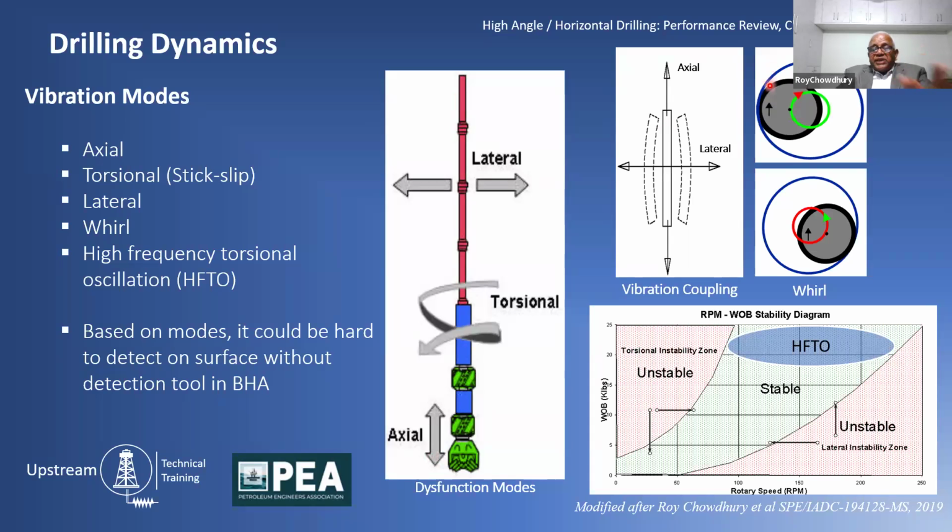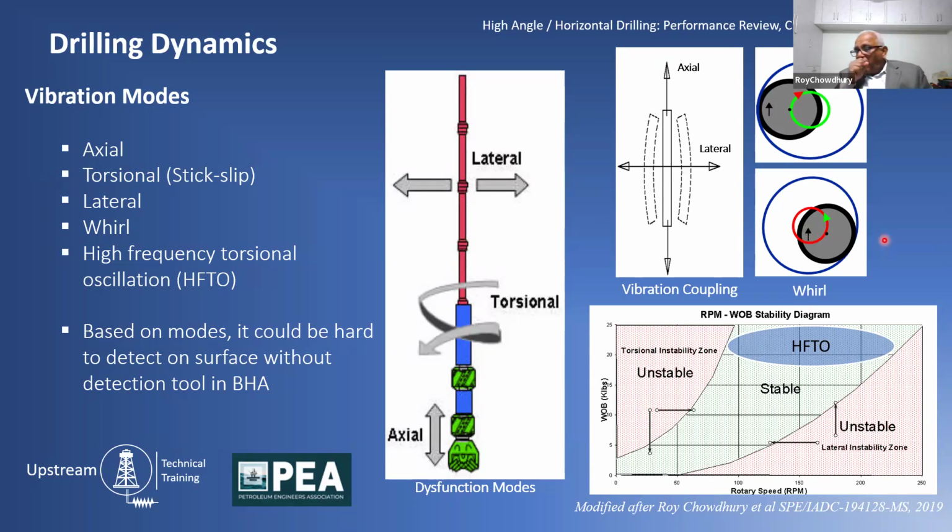Now, besides these three, the drill string, especially the bottom hole assembly, could also have an off-center rotation, which is called whirl. And these whirls could be in the forward direction or backward direction: forward synchronous whirl or backward synchronous whirl, as the industry calls it.